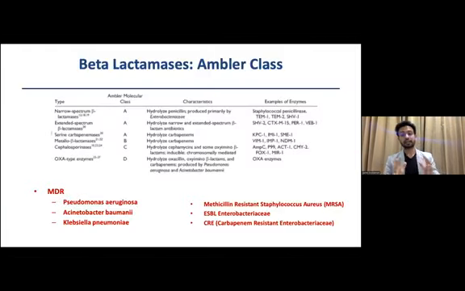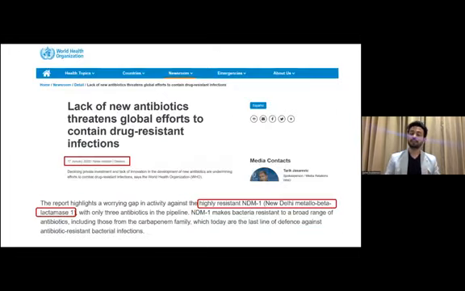So currently in our Indian ICU settings, the most important drug-resistant bugs which we deal with include the MDR Pseudomonas, Acinetobacter, Klebsiella, MRSA, ESBL Enterobacteriaceae, and the CRE organisms. So lack of newer antibiotics definitely threatens the global effort to contain drug-resistant infections.